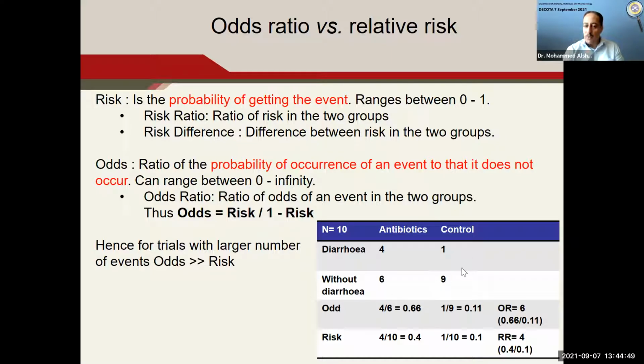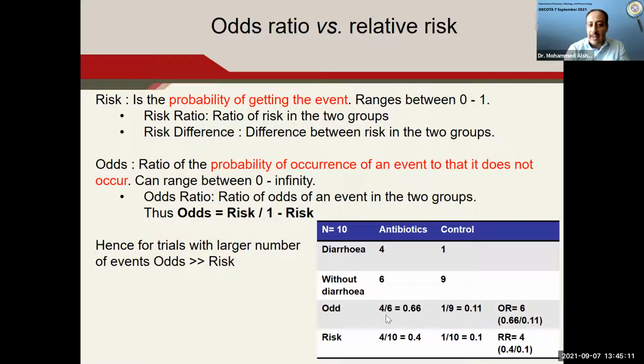While in placebo group or control group without antibiotics, they have 10. Okay, so how many of the intervention group got diarrhea? 4 out of 10, while 6 had no diarrhea as adverse event. For control group, placebo, only 1.